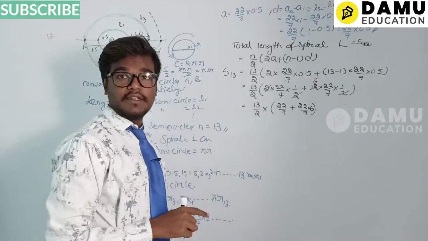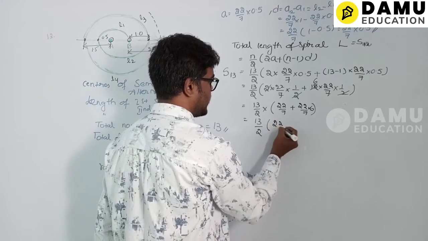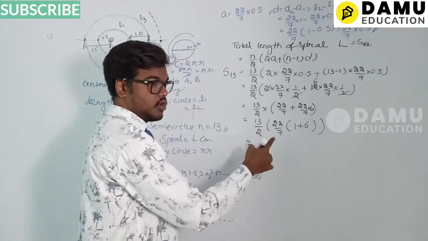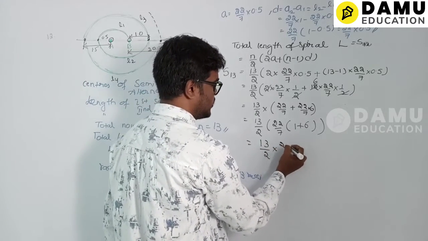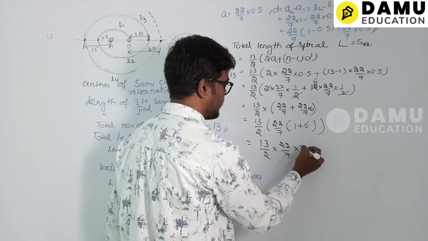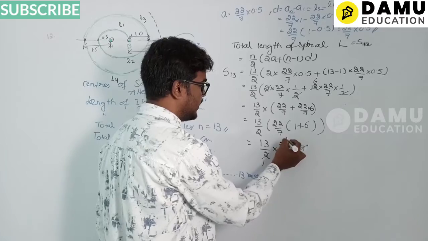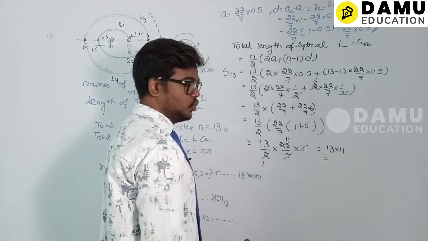So 22 by 7 you can take common here. So 13 by 2 into 22 by 7 common, 1 plus 6. Can you write like this or not? Yes, we can write it. So 13 by 2 into 22 by 7 into 7. So 7 will cancel. Again here 2 ones are 2, 2 elevens are 22. So 13 into 11.